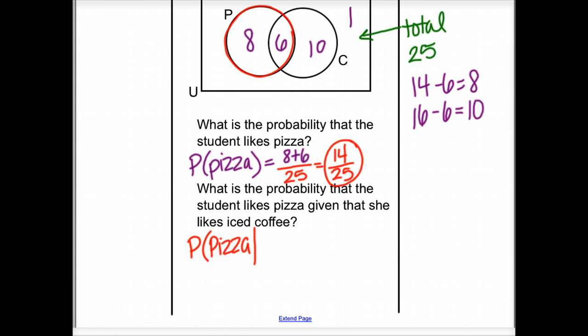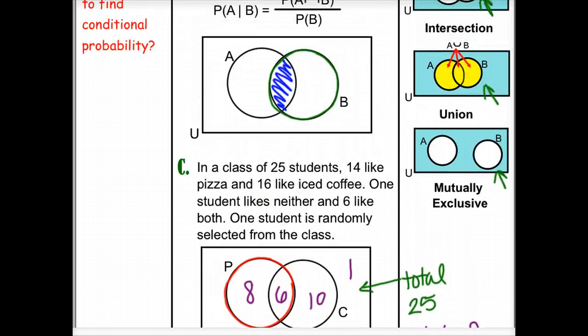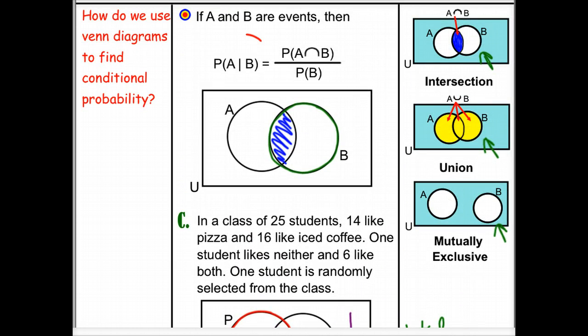Now, the second piece is what is the probability that the student likes pizza given that they like iced coffee? This means that we're going to find the probability of the person liking pizza and iced coffee. We're going to divide it by the probability that they like iced coffee, which I got from this formula right here.